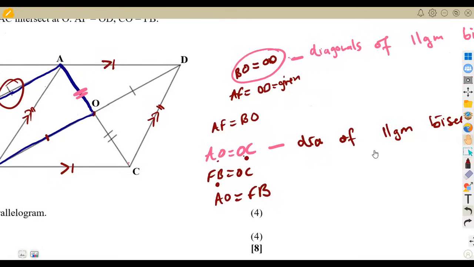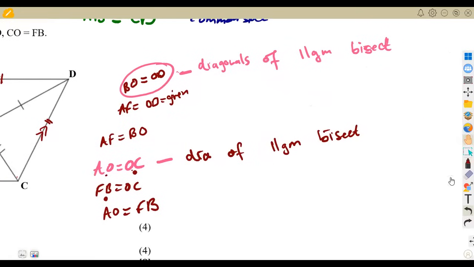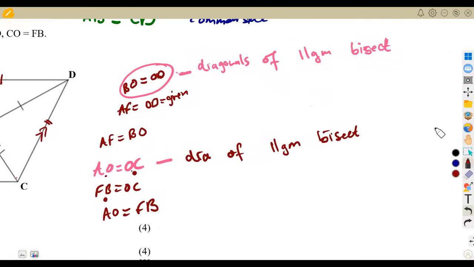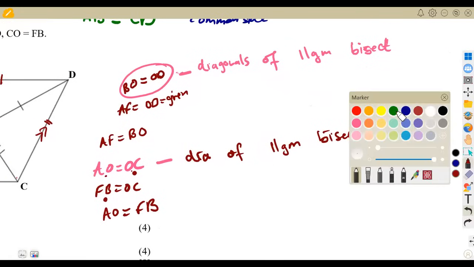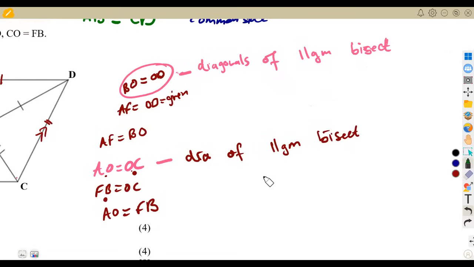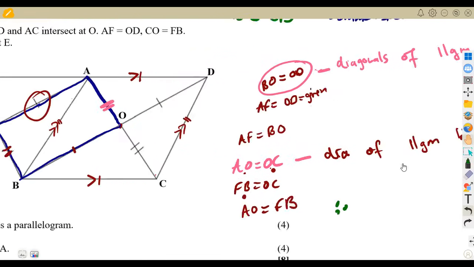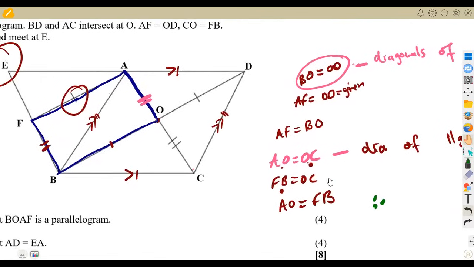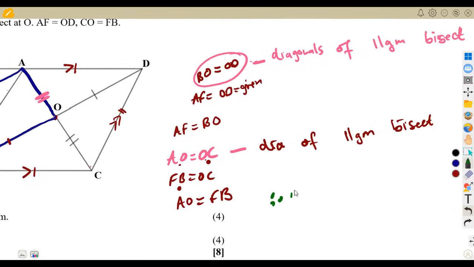But if we had an angle, you would include an angle in that case. So therefore, we can conclude that BOAF is a parallelogram, all right?